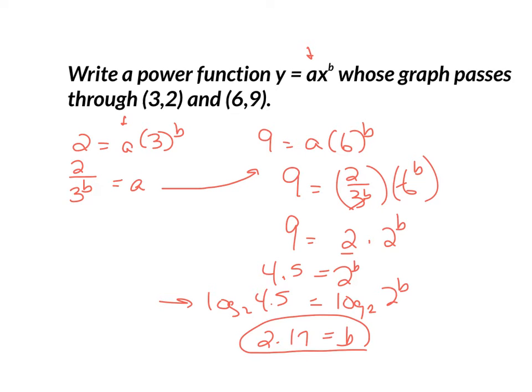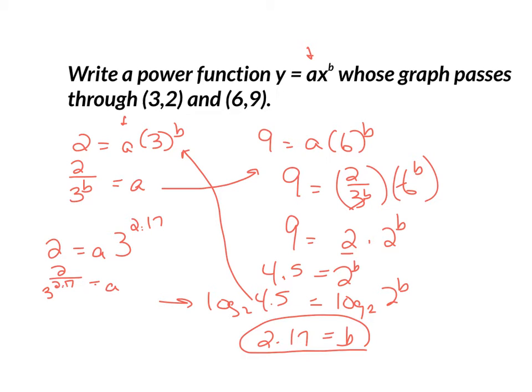So to find my a, I'm just going to plug it right back up here. So we get 2 equals a times 3 to the 2.17 power. So a is going to equal 2 over 3 to the 2.17 power.